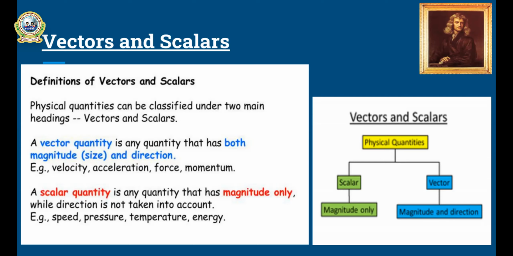And there are certain physical quantities which definitely have magnitude. All physical quantities are measurable, meaning they have magnitude, they have value. We say 2 meter distance, 20-second time, 2 kilogram mass.